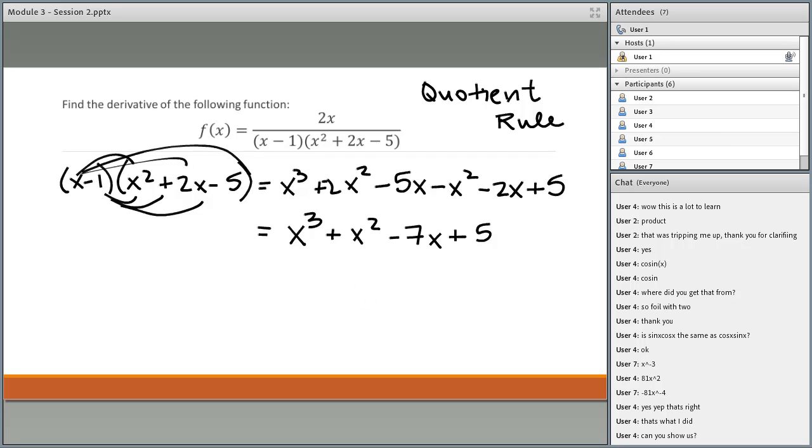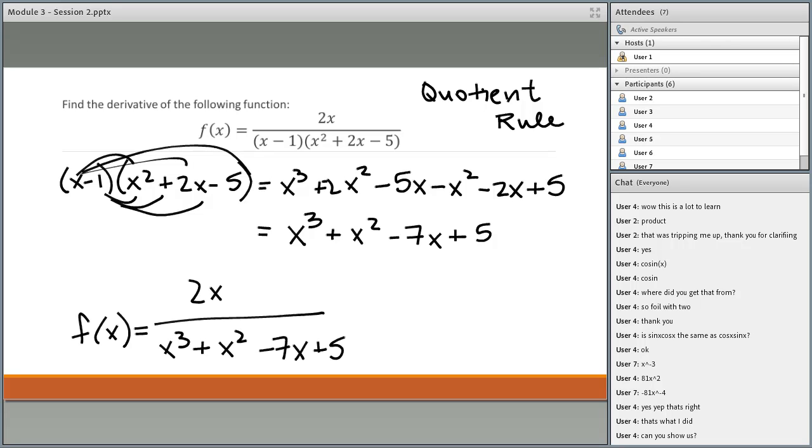Okay, so all I've done is just distribute the denominator and then simplify. So let me rewrite this question. So the same function, just more simplified. So I have 2x over x to the third plus x squared minus 7x plus 5. And this is what I'm going to take the derivative of.